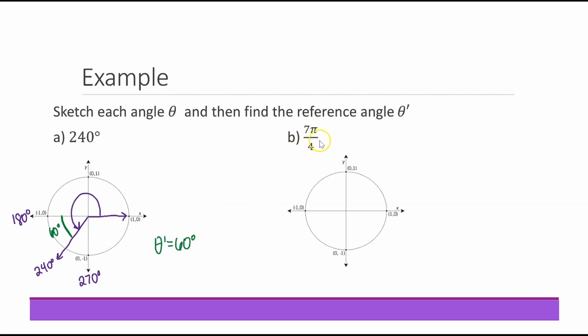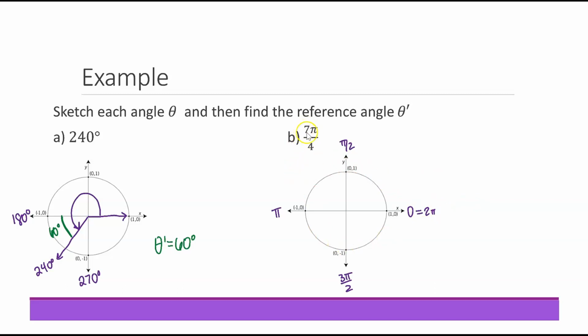Let's go ahead and try it with an angle that's given in radians now. So my angle is 7 pi over 4. I'm going to start by labeling my quadrantal angles here: 0, pi over 2, pi, 3 pi over 2. And I'll even go over here, 0 is also 2 pi, right? 0 and 2 pi are coterminal.